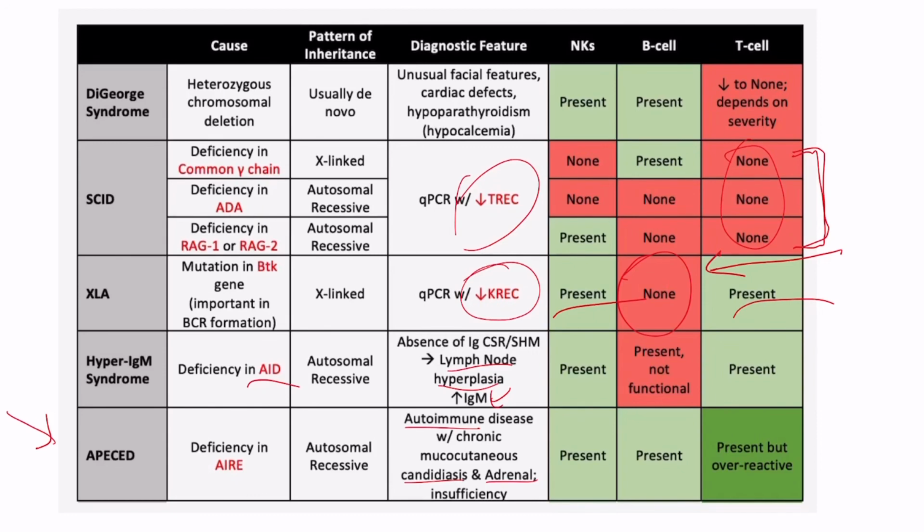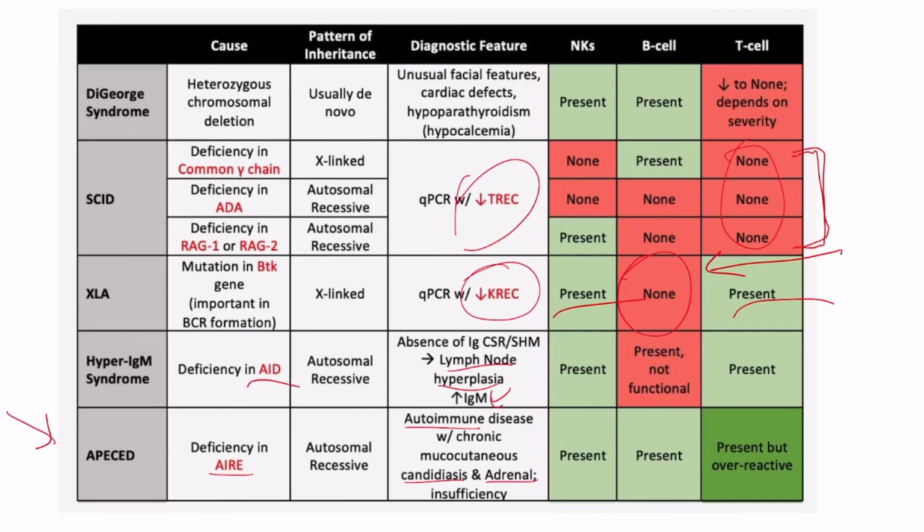Now, this condition arises from a deficiency in a protein called AIRE. AIRE is expressed by mTEC cells, which we've already discussed, and it allows for central tolerance. So essentially, without that protein, we're going to have these T cells that arise, and there's going to be some T cells that have an extremely high affinity to bind to self-antigen, which means we're going to end up with autoimmune diseases.